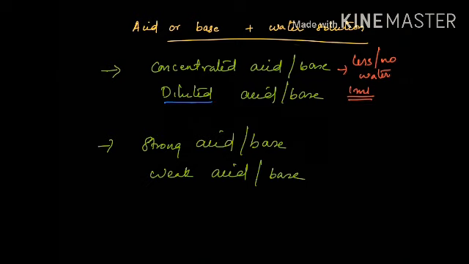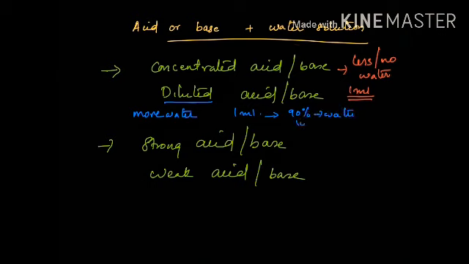Diluted acid means it is having more water, then we call such acids or bases the diluted ones. It contains more water in it. Suppose you are taking 1 ml of diluted acid, almost 90 percent of it will contain water.